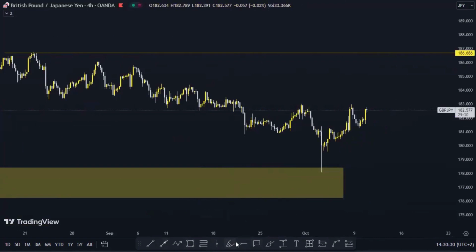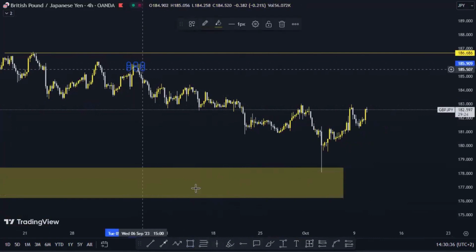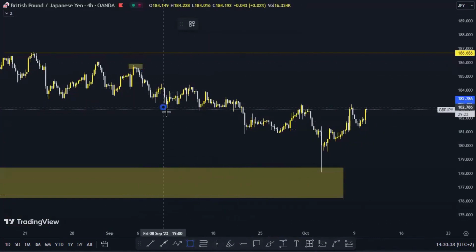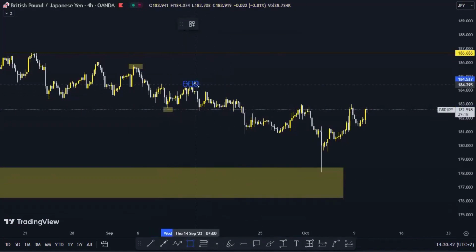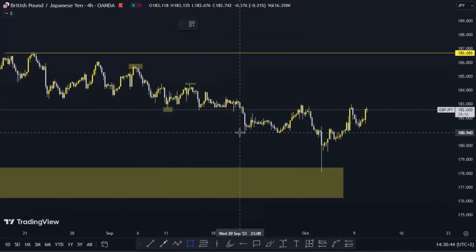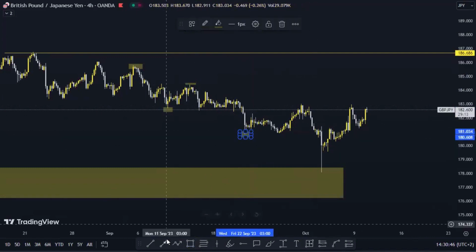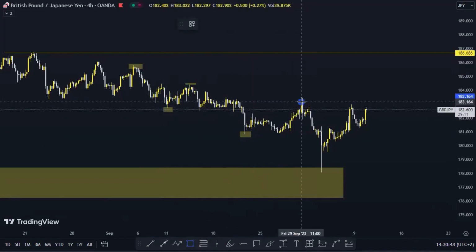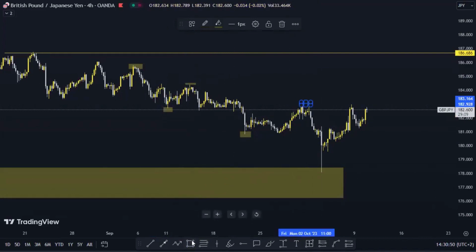So, and then what you note is that we have, if we can start here, we've got this lower high, we've got this lower low, we've got that lower high, we've got this lower low, we've got that lower high.